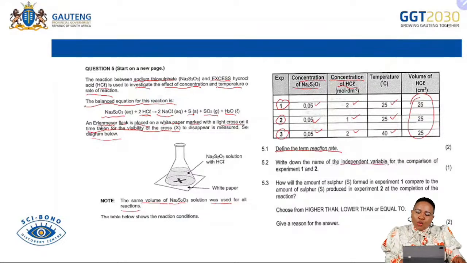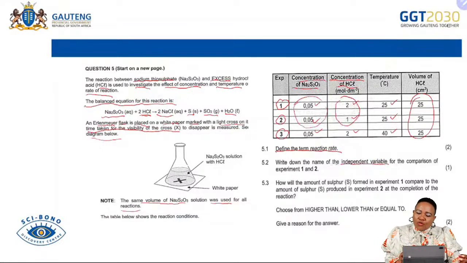When you look at the concentration of thiosulfate, it is the same between experiments 1 and 2. However, the concentration of HCl is not the same. In experiment 1, we have 2 moles per decimeter cube. In experiment 2, we have 1 mole per decimeter cube. Immediately when you have such a condition, you must remember how concentration affects the rate of reaction and which experiment has the higher concentration.